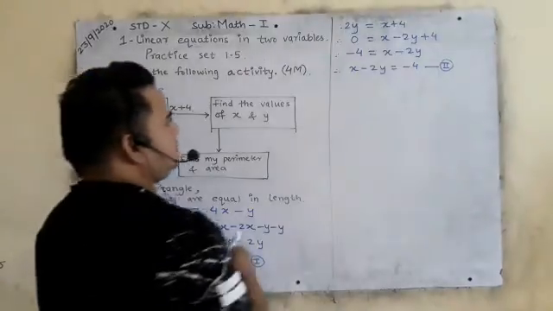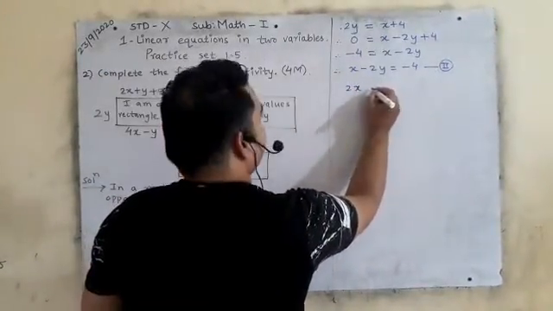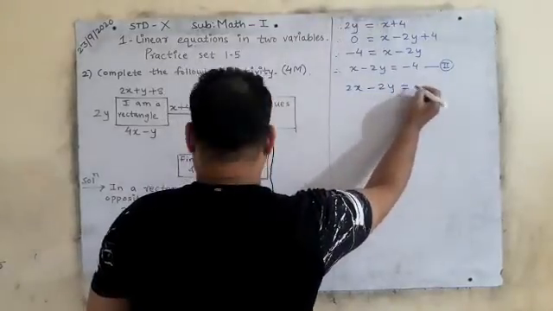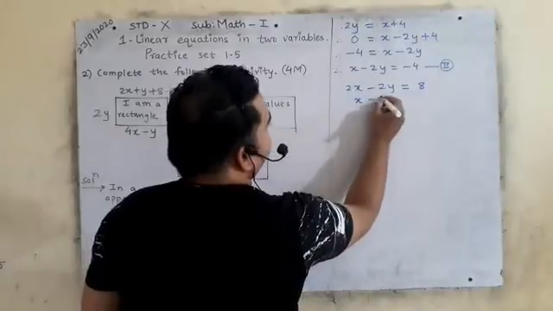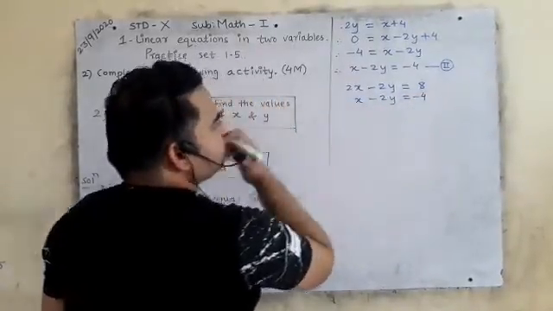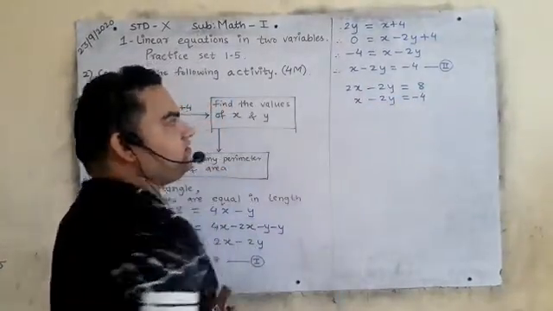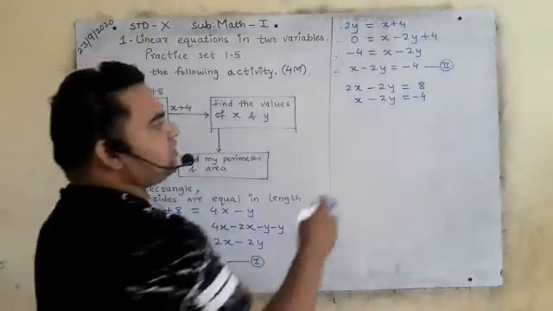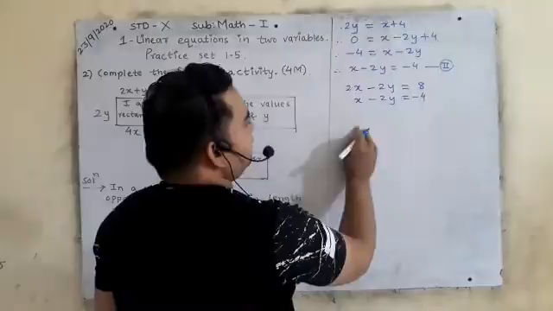Now take them together. See, 2x minus 2y is equal to 8. Now here it is x minus 2y is equal to minus 4. Now see, the coefficients of y are the same, so we will eliminate the y variable term.